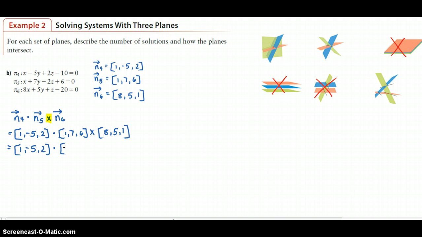The cross product of N5 and N6 gets me 17, negative 17, negative 51. And if I dot that with N4, I get an answer of 0. This means that the normals are coplanar.